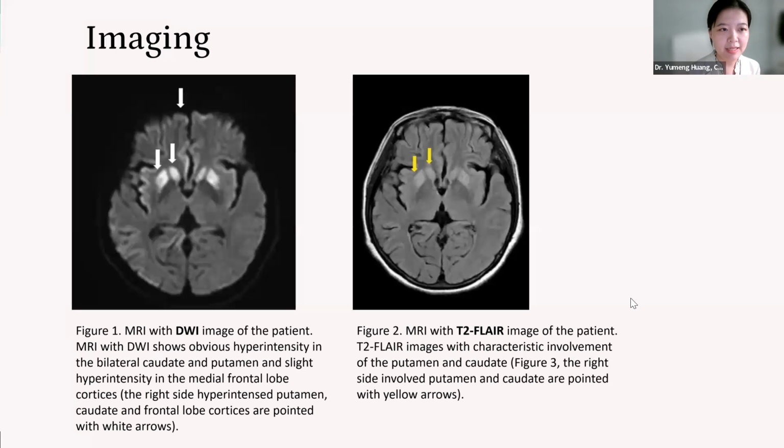And let's look at the images of this patient. As we can see from the T2 FLAIR, we have a positive signal in the caudate nuclei. And for the DW image, we have a more sensitive signal, hyperintensity in both the basal ganglia and also some in the frontal lobe.